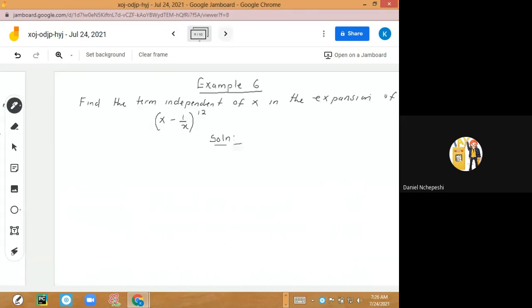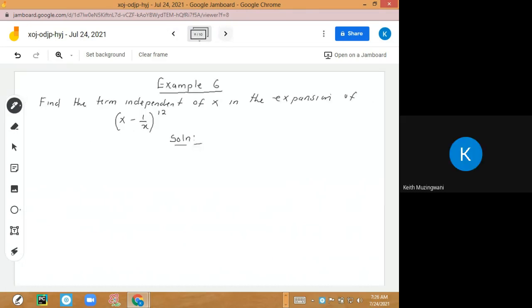Okay. So find the term independent of x in the expansion of that. Now we have not been told the term position. This means that we may have difficulties in knowing what our R is. So we'll leave it like that. First thing to write, whenever they talk about the term, you first write this thing before you start being confused.